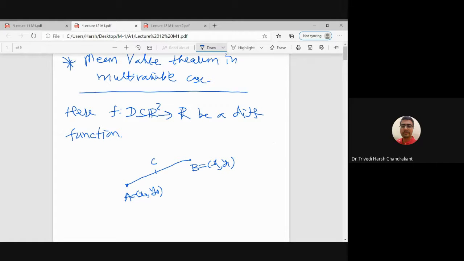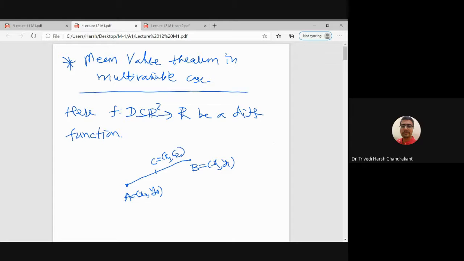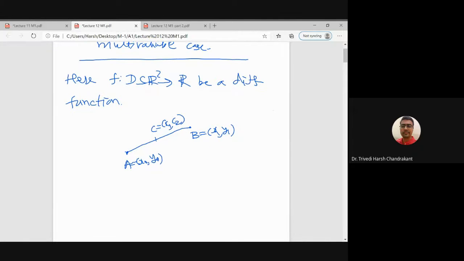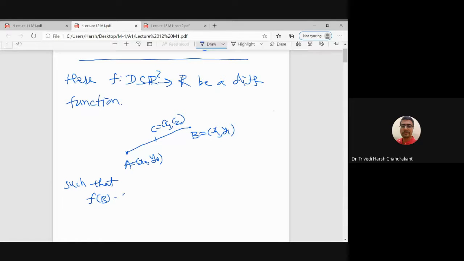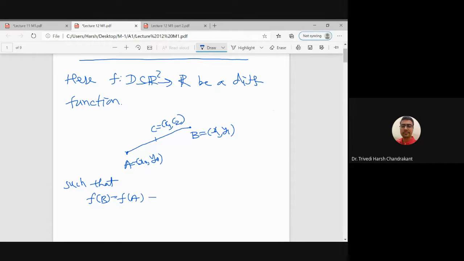If f is a differentiable function and we have 2 points A and B, then this theorem says that there exists C in between A and B, whose coordinates are (c1, c2), and C is different from A and B, such that we have this equation. The equation is f(B) minus f(A) is equal to the derivative at point C times (B minus A).